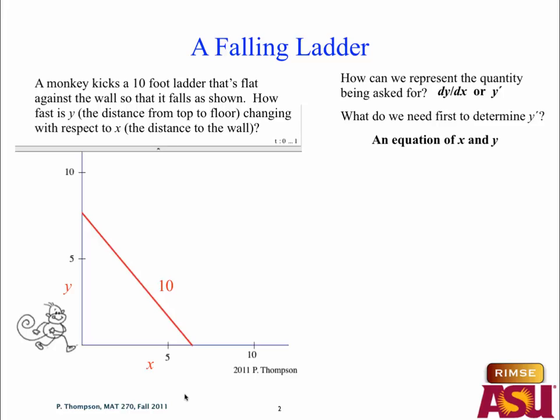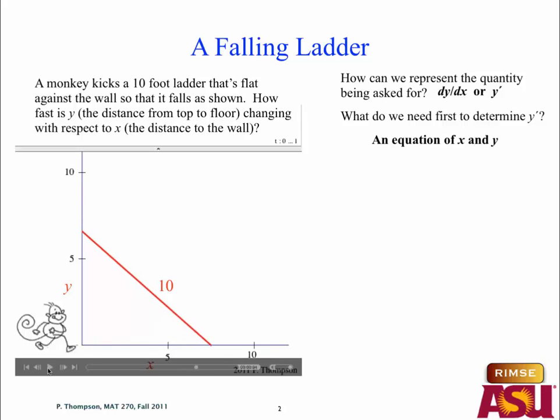So do we have a relationship that holds true as x and y vary? We need an equation that relates the values of x and y and holds true as they vary together. He wants x squared plus y squared equals 10 squared. Is it always true?